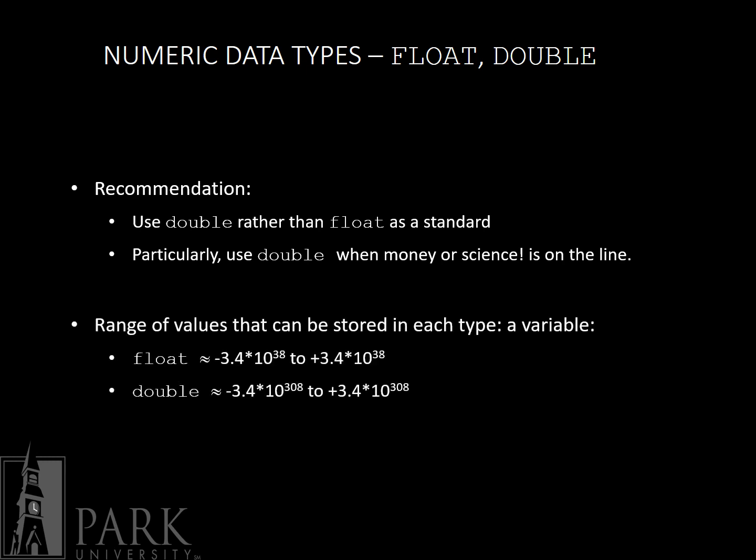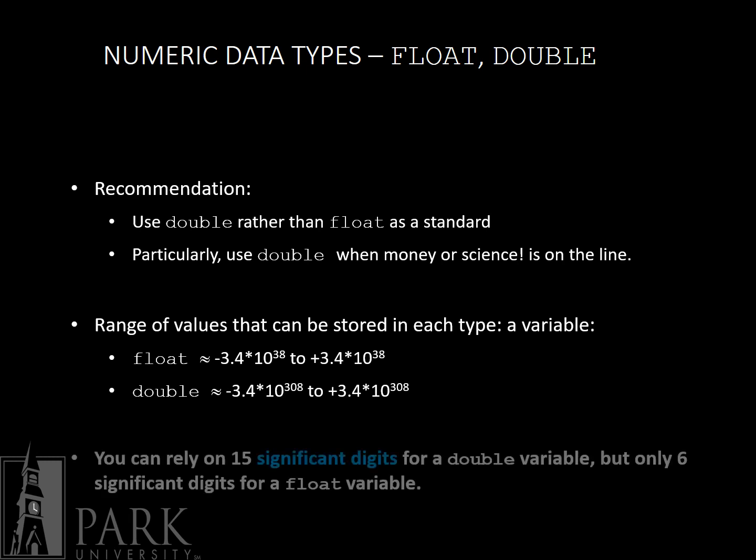You can store some really big values in floats and doubles, but remember that you won't have the precision to accurately represent big numbers. A double will only hold 15 significant digits, while a float will only hold 6 significant digits.